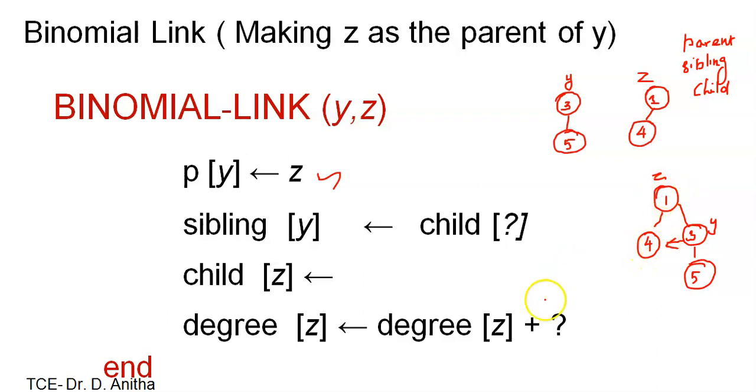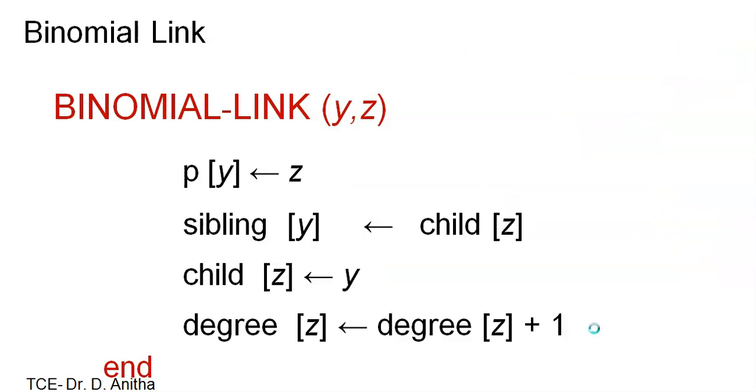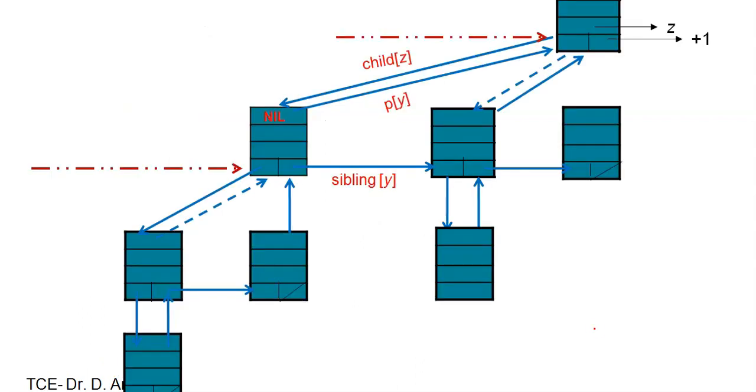And z's degree will increase, because one more child is added. So z's degree will be incremented. So I set sibling of y equal to child of z, child of z equal to y, and degree of z is incremented by 1. These are the changes you need to make in your binomial link. This is how you combine two binomial trees.